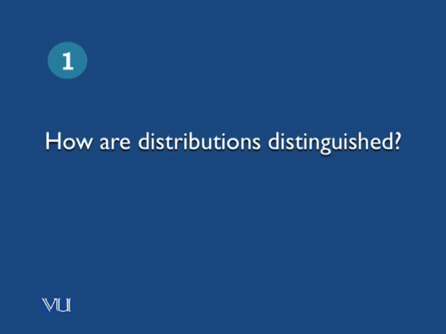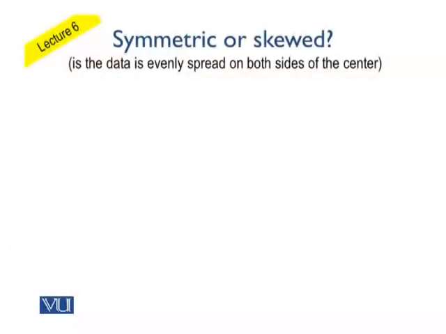We've earlier mentioned some of the aspects of distinguishing distributions when we talked of summarizing data. So let's just recap some of the things we've covered. The data that we have may have a spread which is symmetric.